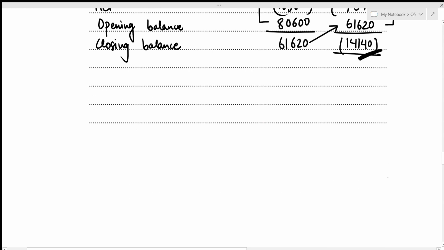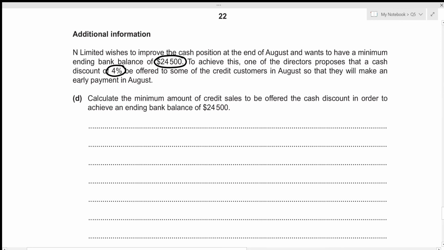Let's write it down in the form of an equation. So we have our receipts minus the payment made was actually of 282,480, and we also have to add the opening bank balance, which was of 61,620. And this will give our closing bank balance, and we require the closing bank balance to be 24,500.